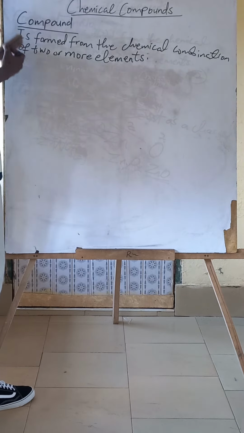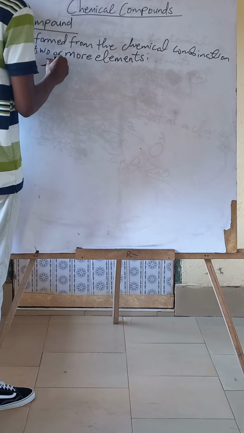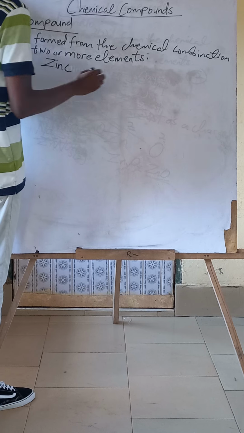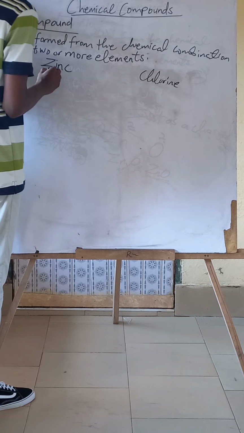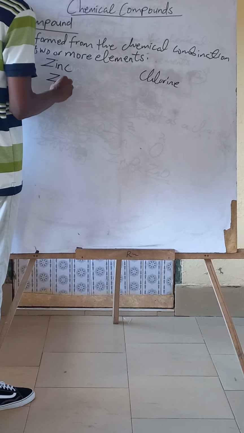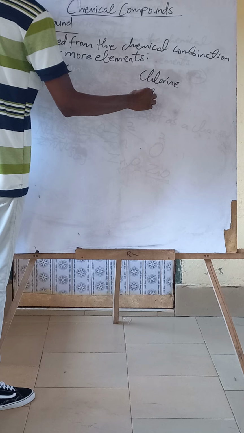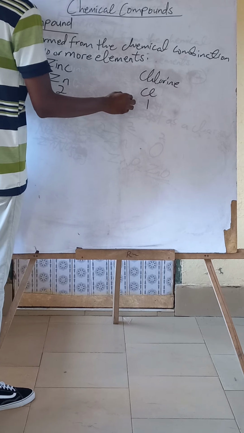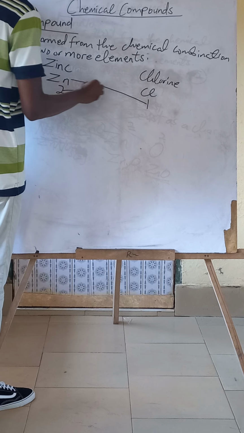Let us consider other examples. Let's say I have zinc and chlorine. Zinc has a valency of 2 and chlorine has a valency of 1. So give the valency of chlorine to zinc and give that of zinc to chlorine.